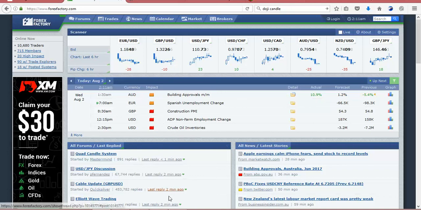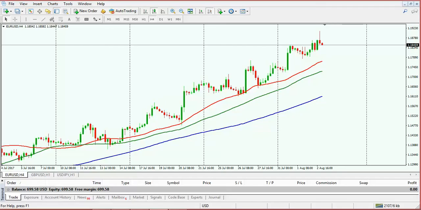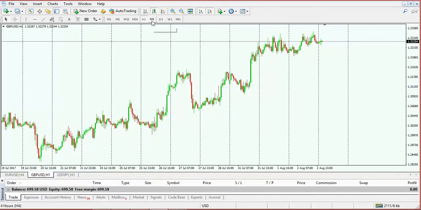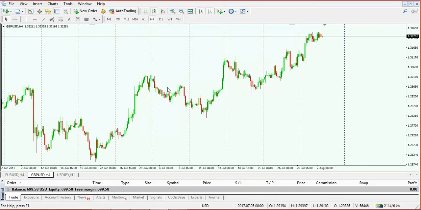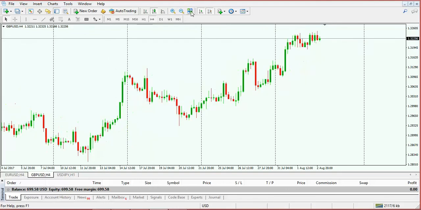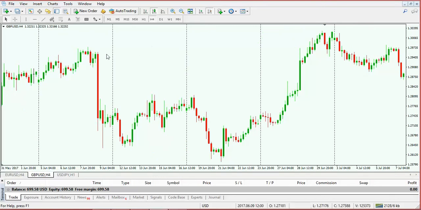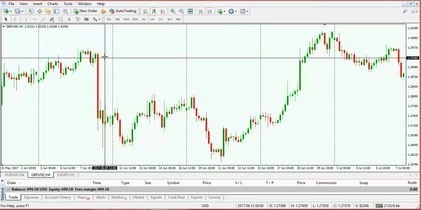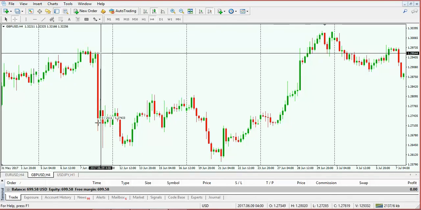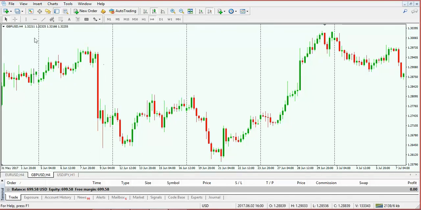A perfect example is the recent UK elections, when both Theresa May and the other guy couldn't win the election. This is what happened on the pound. There was this particular candle.